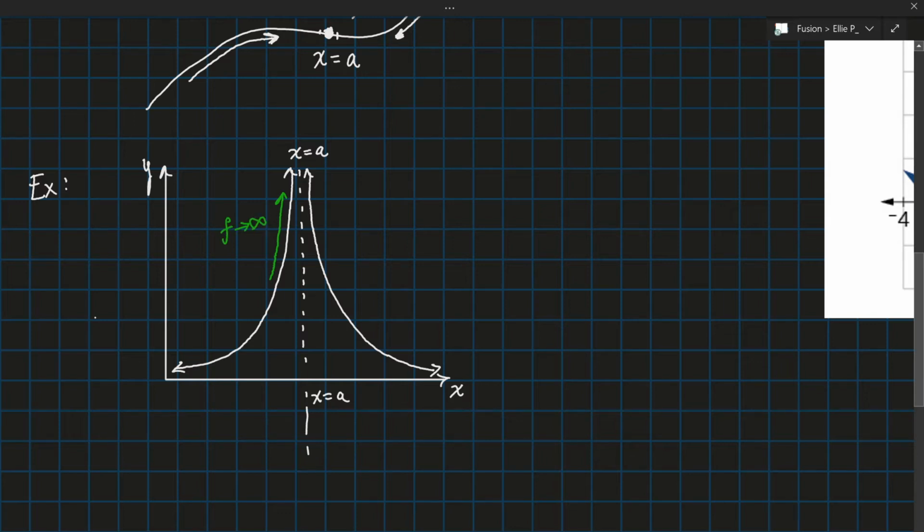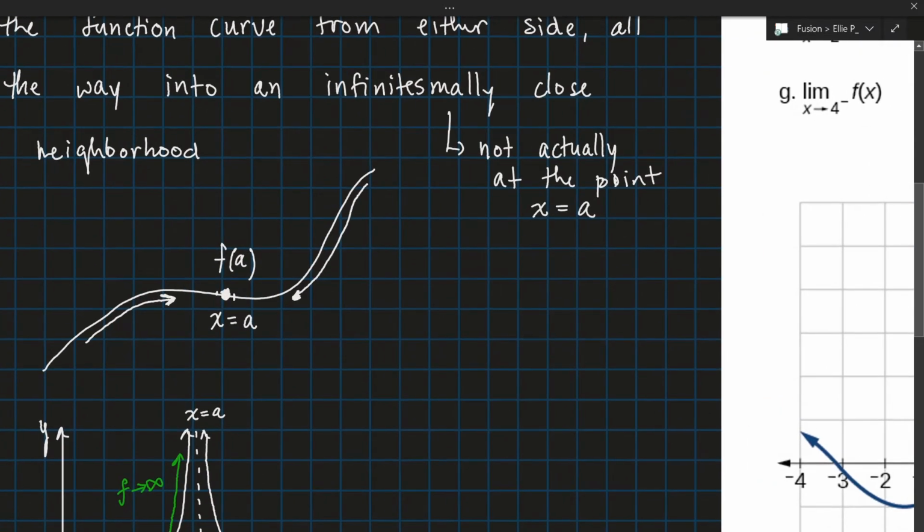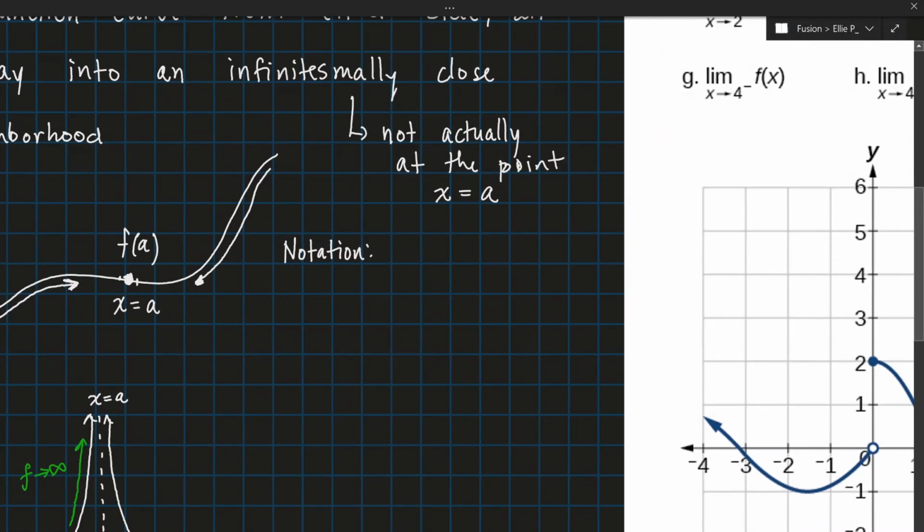So we would say that f is going to infinity, and in limit terms, now we get into some notation. So the notation for a limit, I'm going to sidestep here for a second. You write a limit of a function like this.